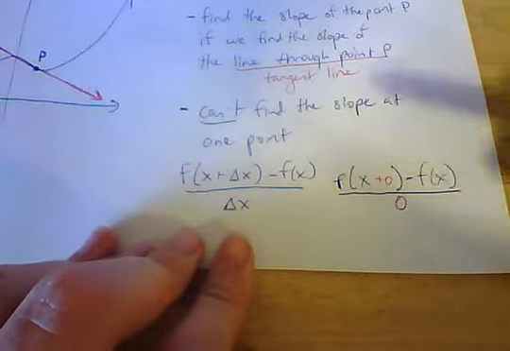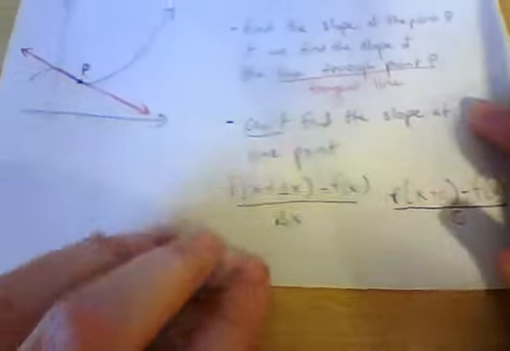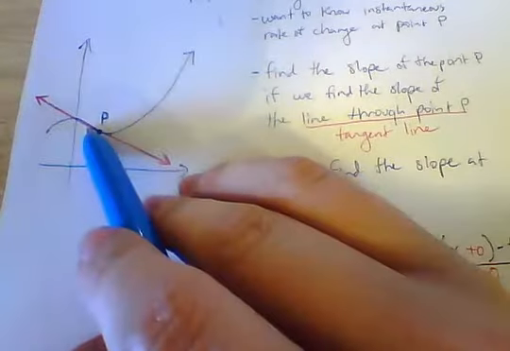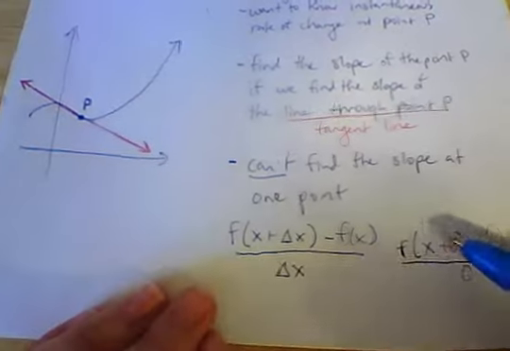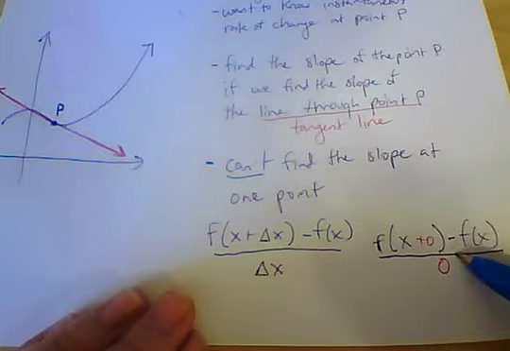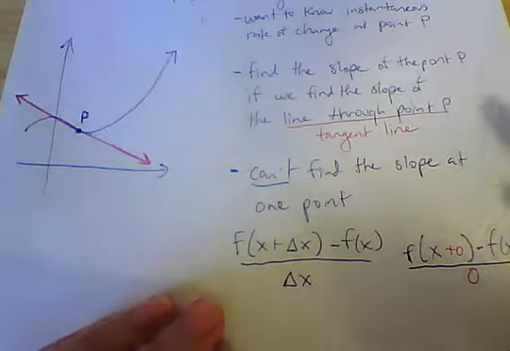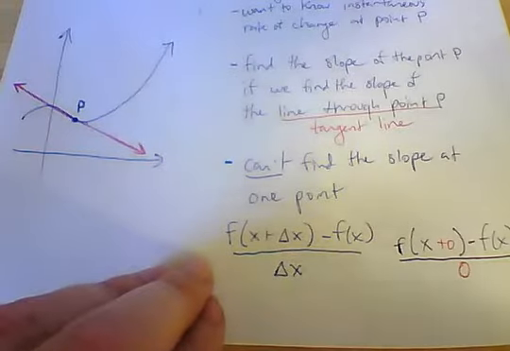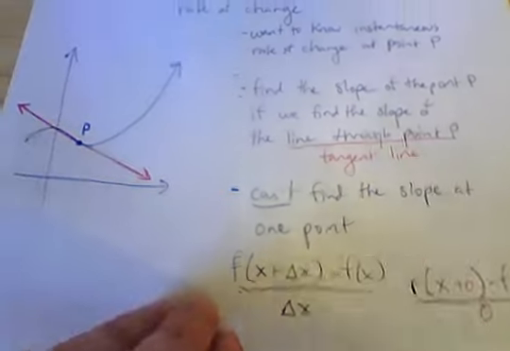This would be a mess. It would never work. So we want that slope at one point, but it turns out we can't use our traditional way of getting there because our traditional equation for slope has no way to tell us only one point. So here's what we do in calculus.